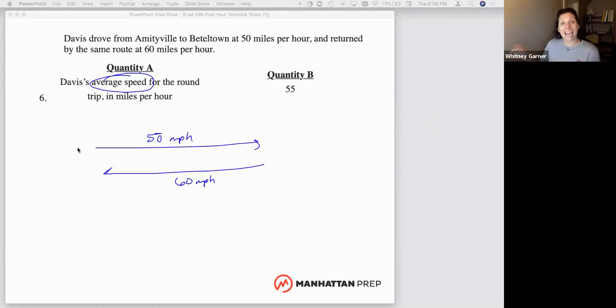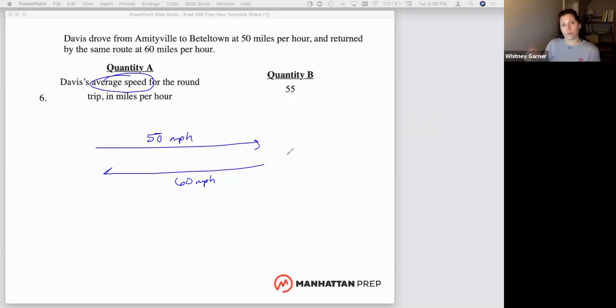However, the average of speeds isn't just a simple average, because speed isn't just a simple single variable. Speed involves both a distance and a time. And while the distances might be the same there and back, the times certainly wouldn't be.